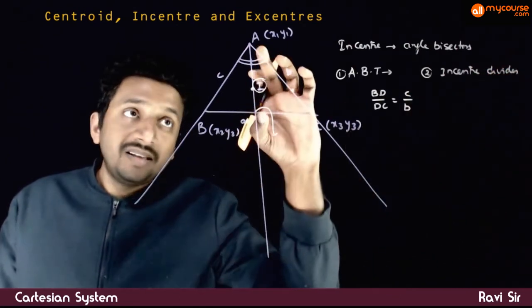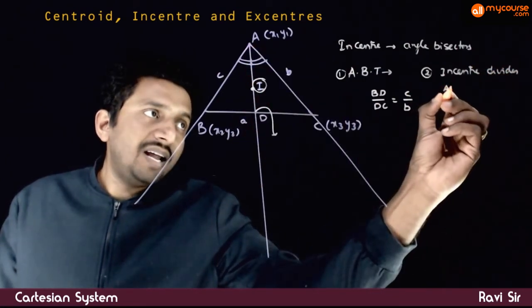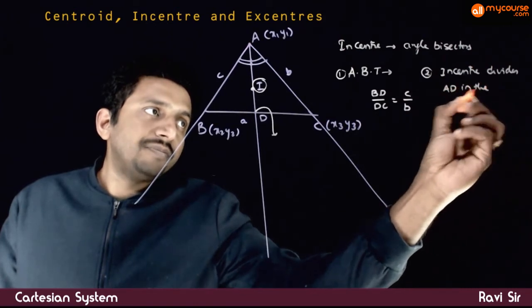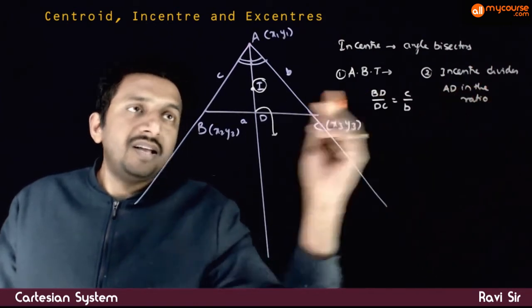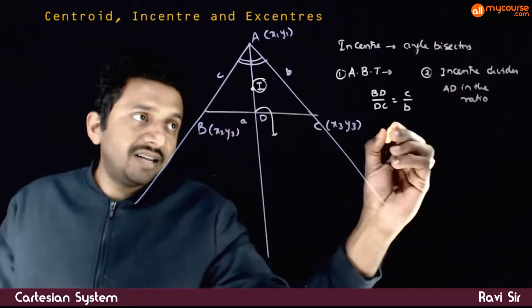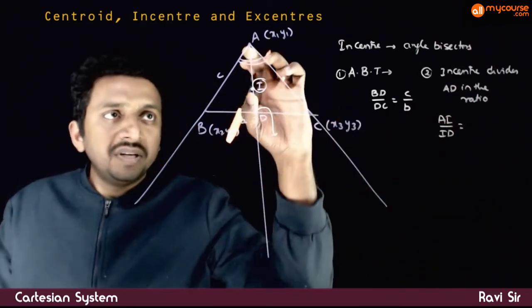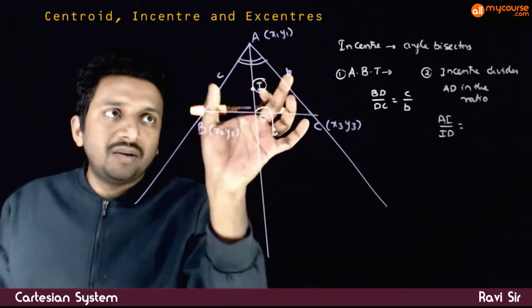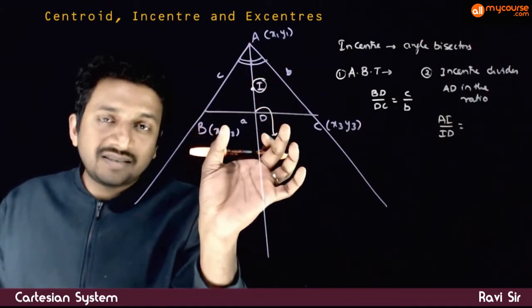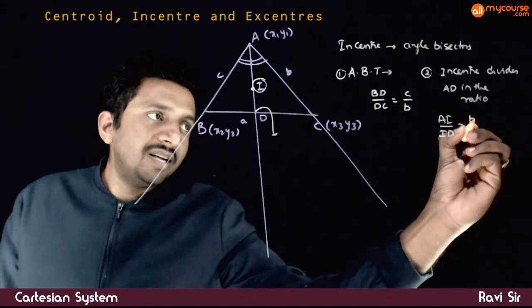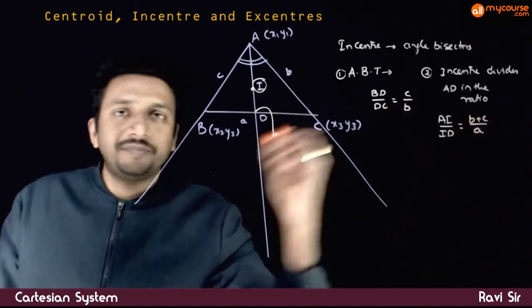Next, you have another formula which states that the in-center divides the angle bisector AD in the ratio AI by ID is equal to this length by this length is equal to the sum of adjacent sides is to opposite side. That is b plus c is to a.